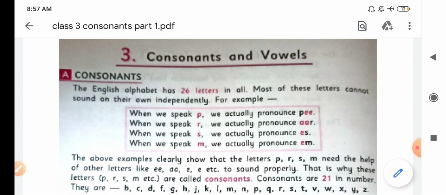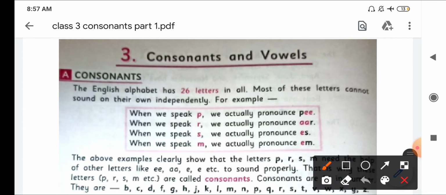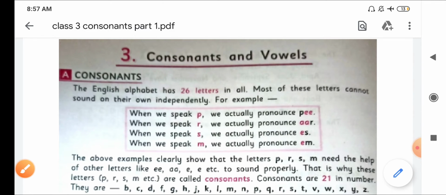Let us see some examples. When we speak P, we actually pronounce it as "pee." Then when we speak R, we actually pronounce it as "ar." Understood?